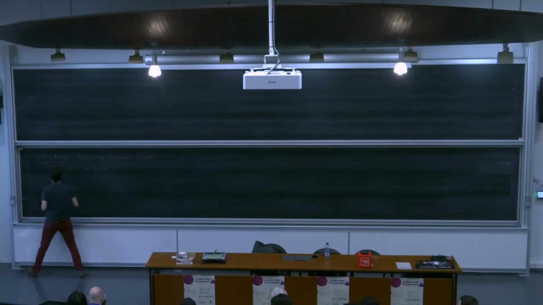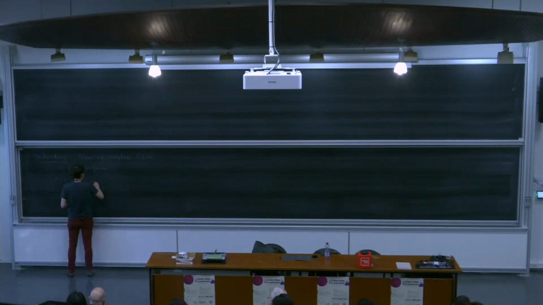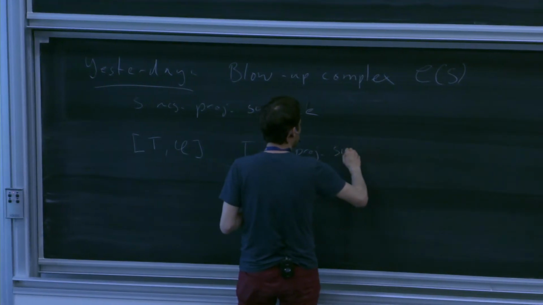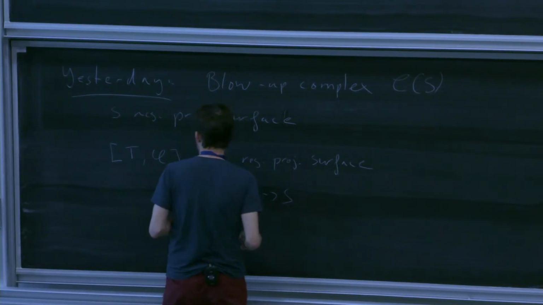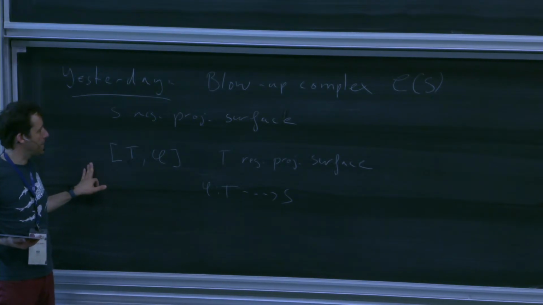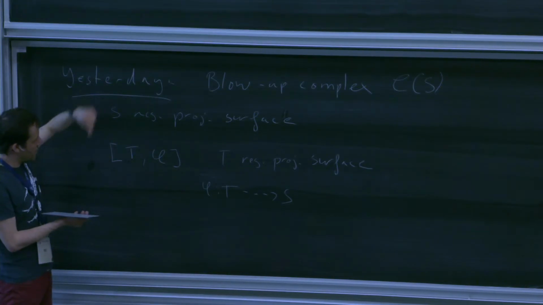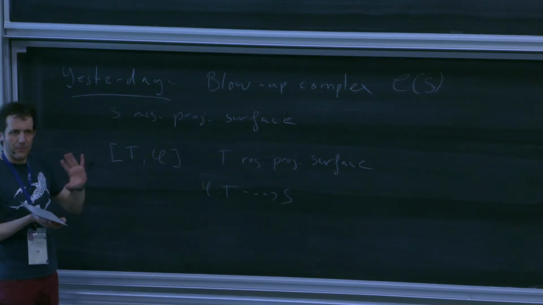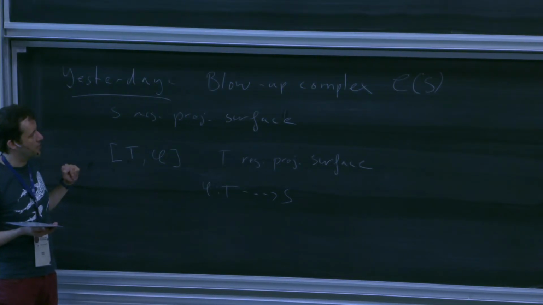The vertices were of the form (T, phi), where T was a regular projective surface and phi was a marking from T to S, up to isomorphism. So these were our vertices. Then we defined edges, which were given by blowing up points, and cubes, which were given by, whenever we see a cube in the graph, we add a cube inside here. And we saw this was CAT(0).